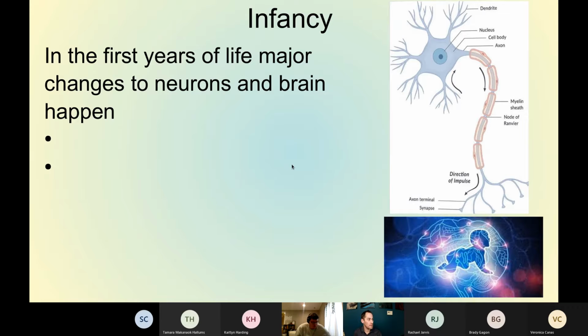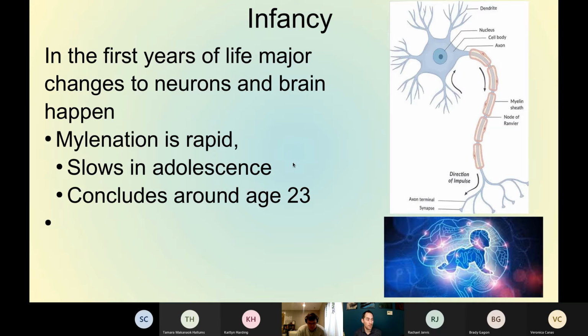All right, so in those first years of life, a lot of changes are happening to the neurons in the brain. So the myelination is really rapid. Like I said, it doesn't finish up until about 23, but it's starting already at the time of birth. So myelination has already started in some of the evolutionarily older parts of the brain.